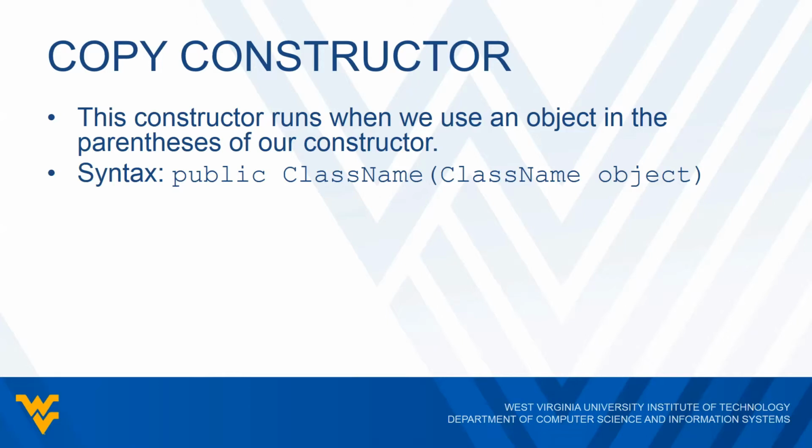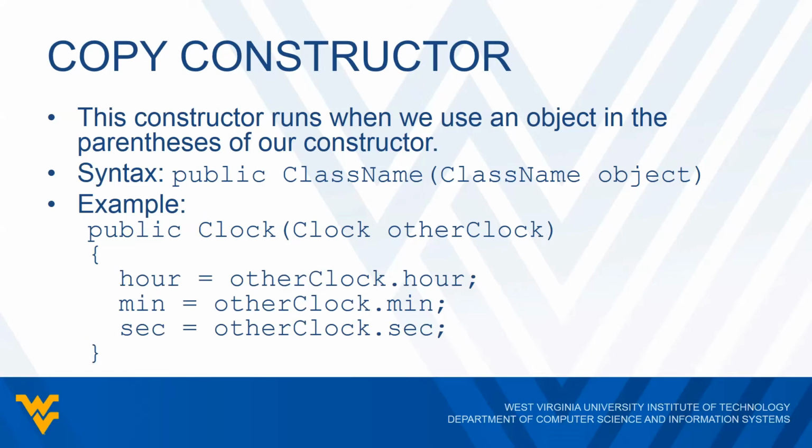To help illustrate this, let's take a look at an example using our Clock class. This would be the copy constructor for the Clock class. So we still have public Clock, and then notice in the parentheses that we have this otherClock. This otherClock is an object of the Clock class, but it's a different object than the current object of the Clock class that we're looking at.